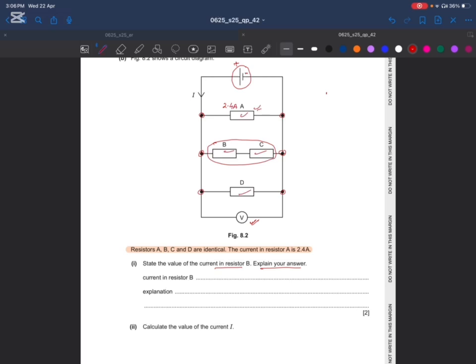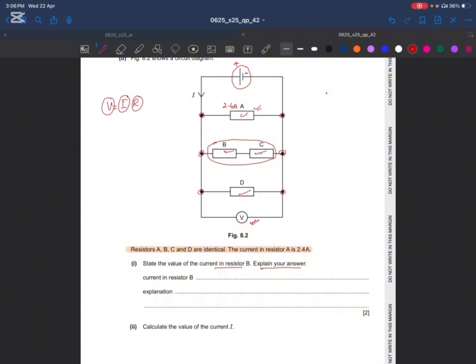What is the concept? You will say that B and C are identical to A. It means that the overall resistance of B and C is double the resistance of resistor A. So it means that the current will be half. Why? Because we know that V is equal to IR, where I and R are related inversely.